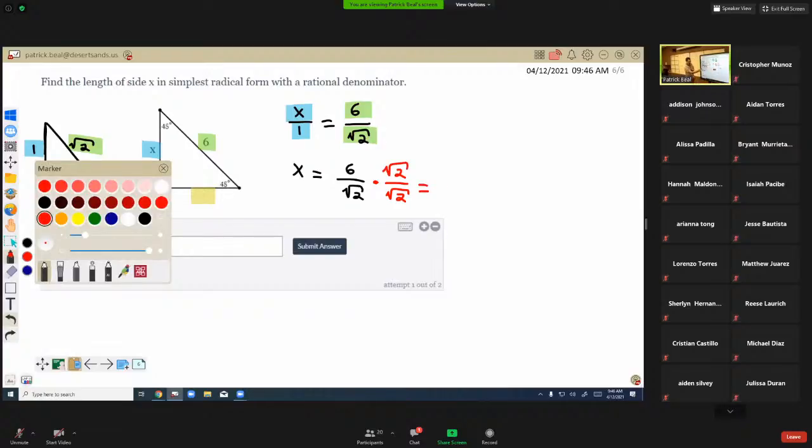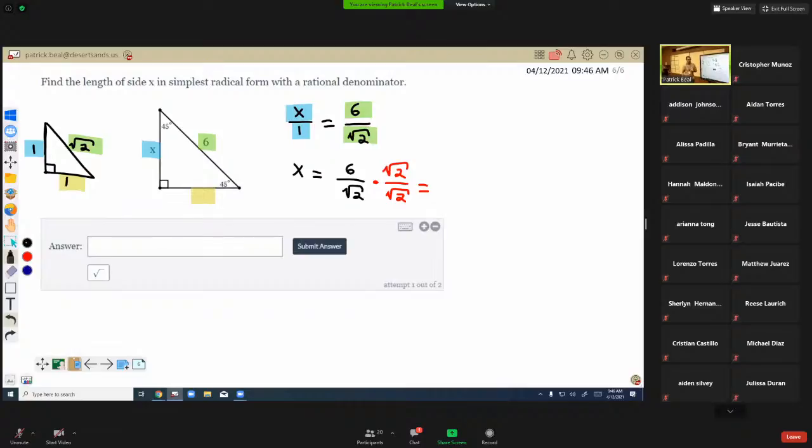Now, this one's a little different. This is not the square root of 6 times the square root of 2. It's just 6 times the square root of 2. So we don't combine those because they're not both square roots. So this is not the square root of 12.